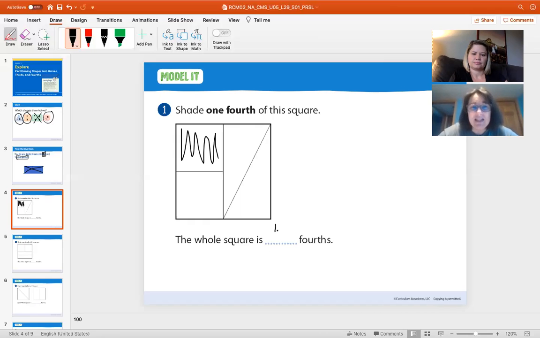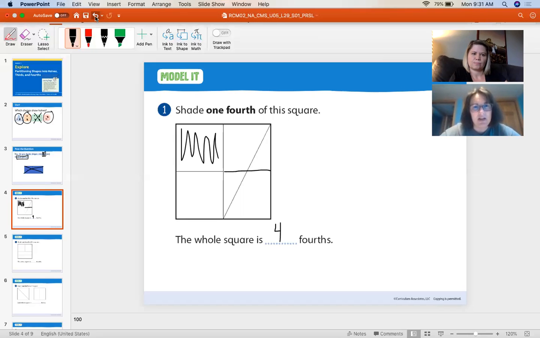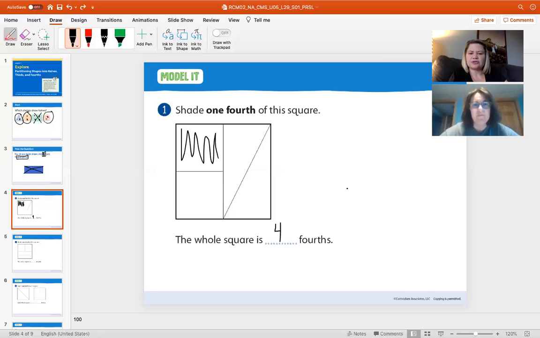So how many pieces do we have all together? 4. So it's 4 fourths. Now, this is not our recommendation for how you would draw it, but we just want to show you that it could be drawn this way so you don't get confused later on. So remember how I showed you earlier that one shape could be divided into 4 different parts, so one shape has 4 parts out of it, so it looks like 4 over 4.